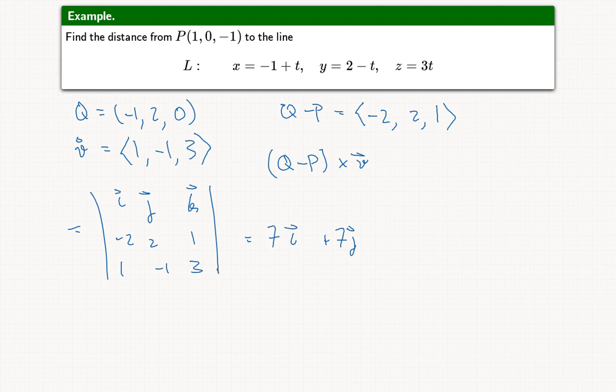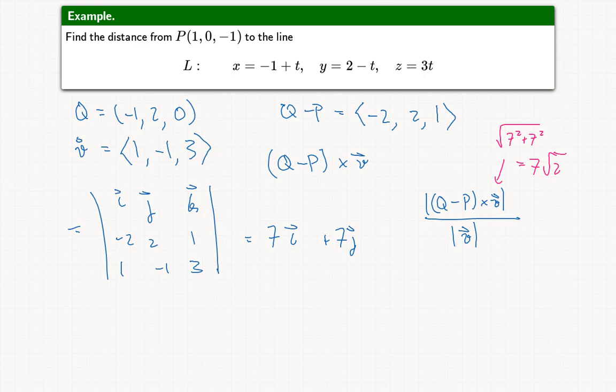So the distance from P to this line is going to be the magnitude of that cross product divided by the magnitude of V. So we found the magnitude of the cross product. That's going to be root of 7 squared plus 7 squared, which is 7 root 2.